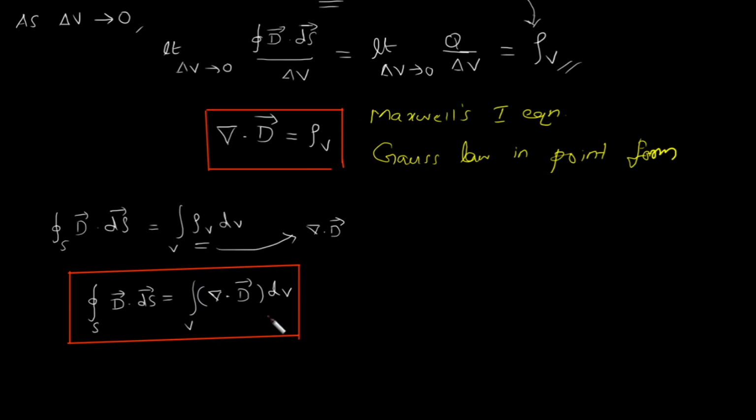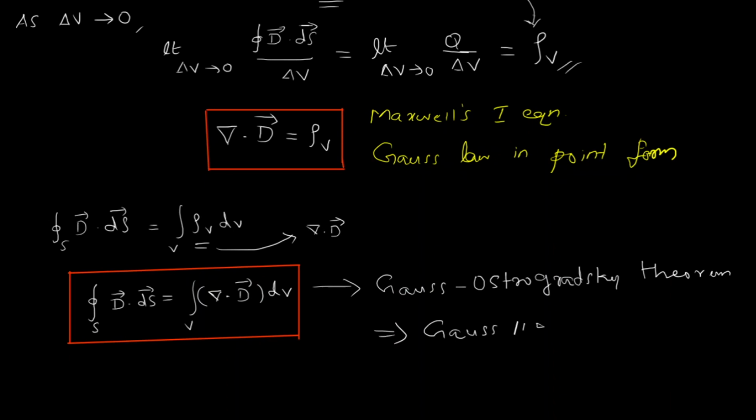Further, this equation is also known as the Gauss-Ostrogradsky theorem. Basically this equation was mathematically developed by two scientists, Gauss and Ostrogradsky. So this is known as the Gauss-Ostrogradsky theorem, but it is popularly known as the Gauss divergence theorem.